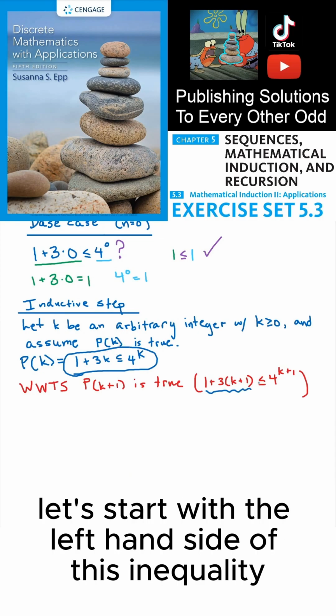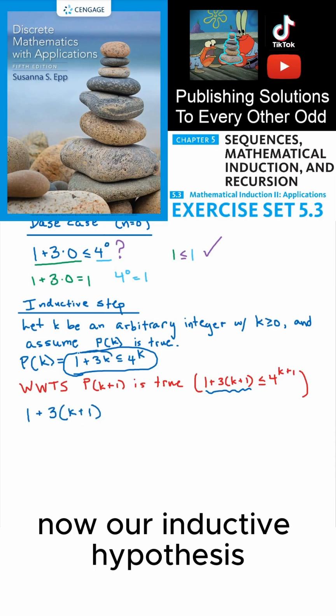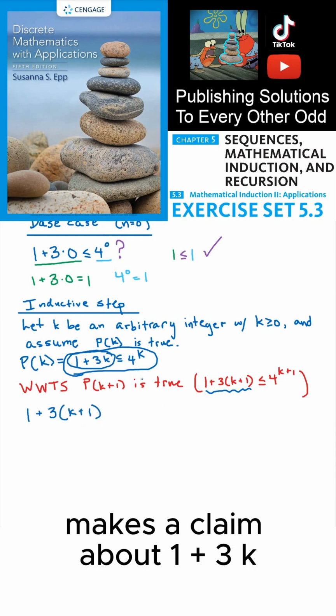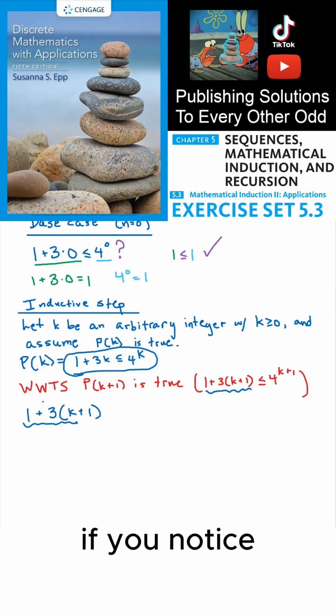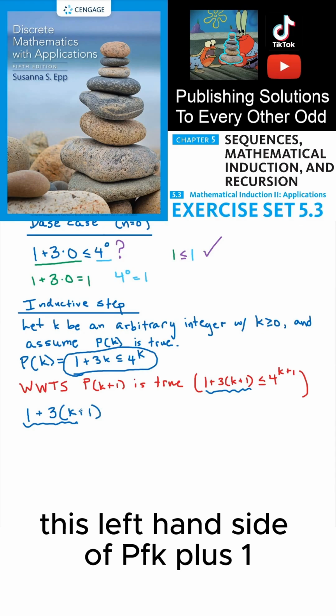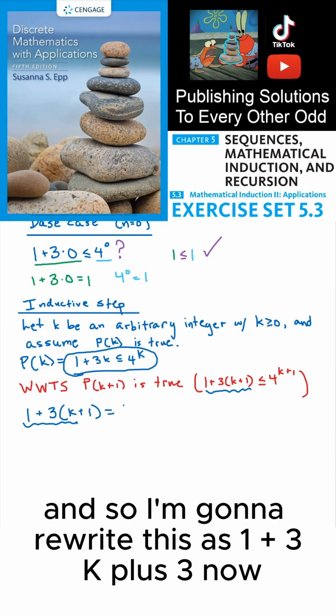Well, let's start with the left-hand side of this inequality. Now our inductive hypothesis makes a claim about 1 plus 3k. If you notice, 1 plus 3k is in the left-hand side of P of k plus 1. And so I'm going to rewrite this as 1 plus 3k plus 3.